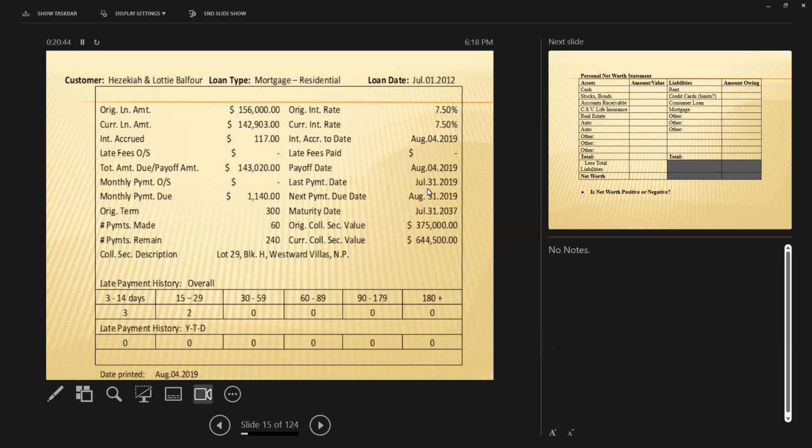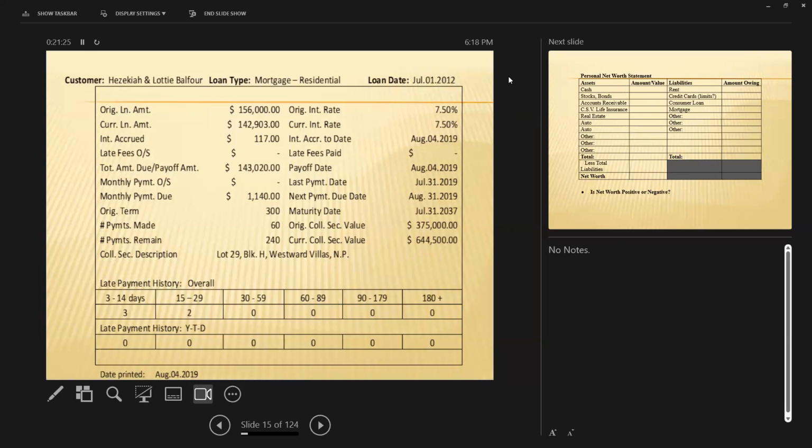And the year-to-date history, there are absolutely no late payments at all from 3 days and onwards. Now there could be some 1 or 2 days, but because the late date counting starts from three, anything 1 or 2 days will not register. So there may have been 1 or 2 payments, 1 or 2 days past due, but we're not told that, and that's not part of the history that's captured by this particular bank.